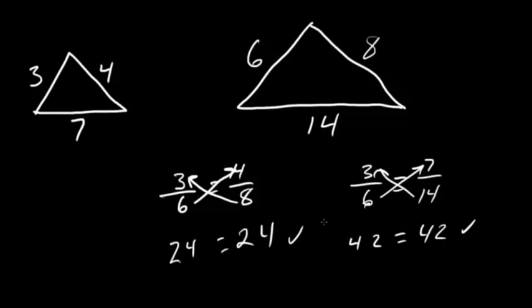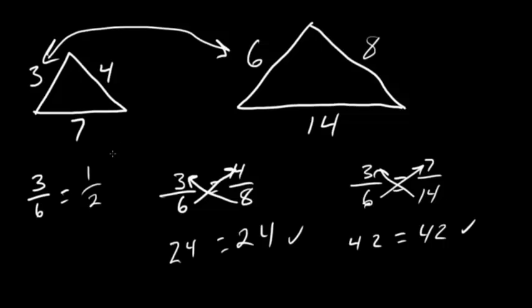That leads us to one of the last parts of this, and that's the scale factor. Once we know that something is proportional, we can just take two corresponding sides. So I can take these two sides right here, and I can make a fraction out of it, and then reduce.